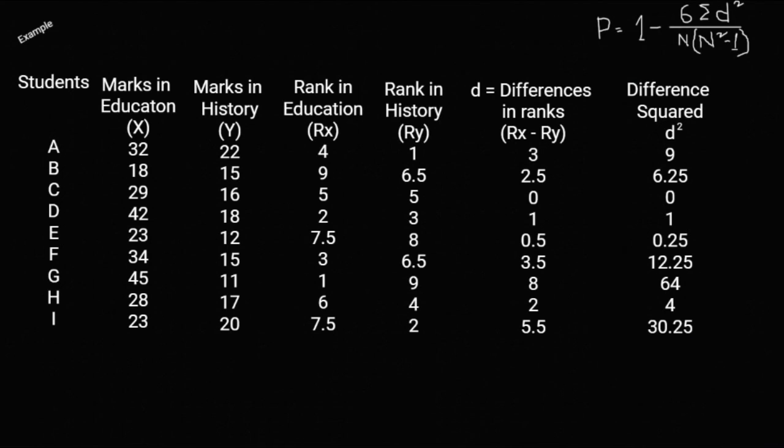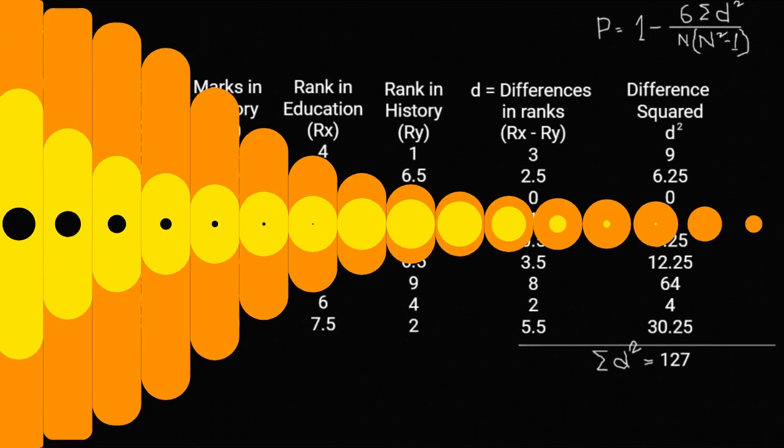Now we take the summation of D square, which equals 127. And now we go back to our formula.